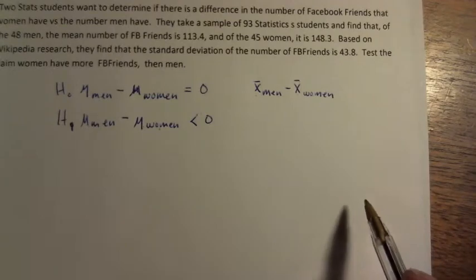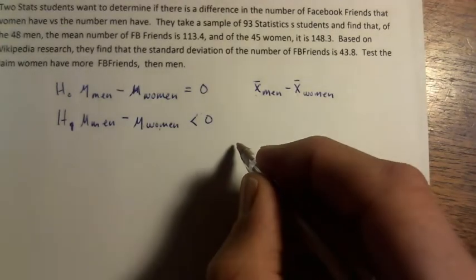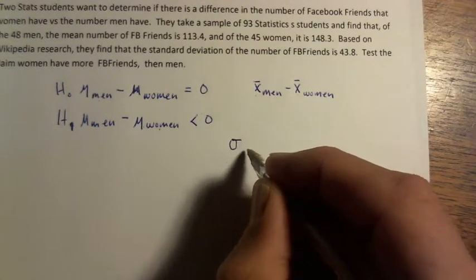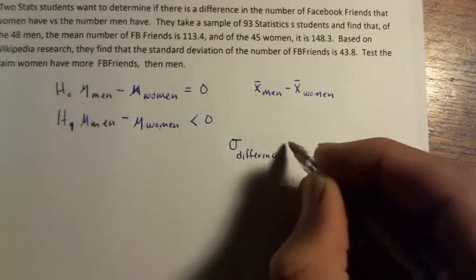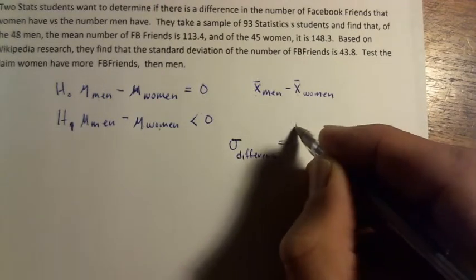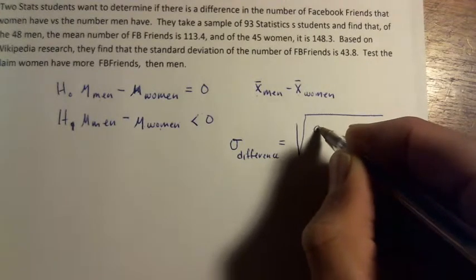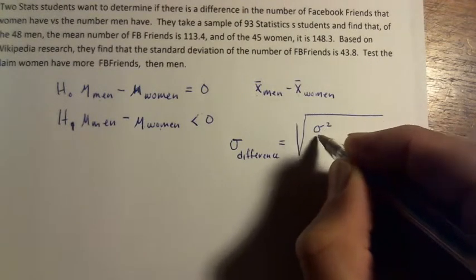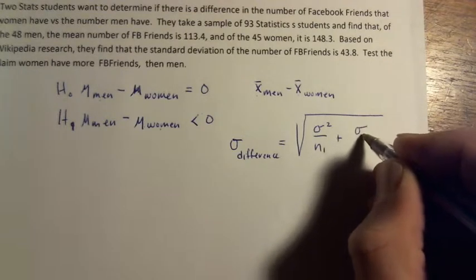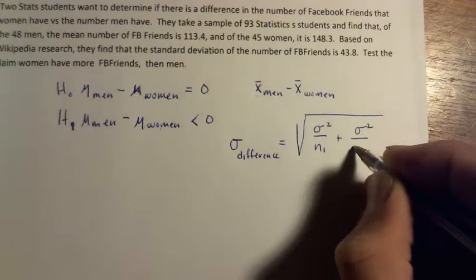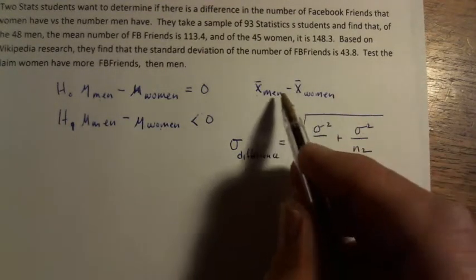The standard deviation of that difference would be equal to the square root of the standard deviation of the population squared over n1 plus the standard deviation of the population squared over n2. That's a formula for the standard deviation of this difference.